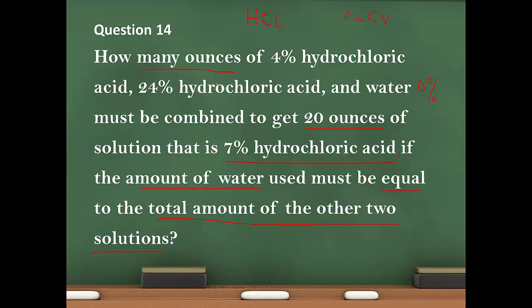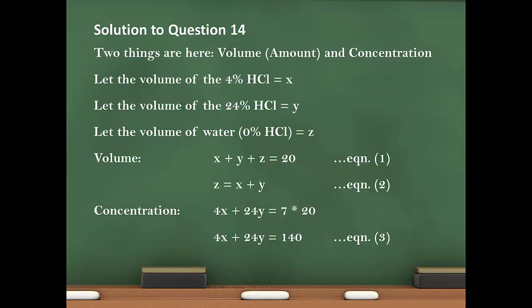So 0 times Z is 0Z. We don't need to add that. That will give you 7% times 20, which is 140. And that is this: 4x plus 24y equals 140.